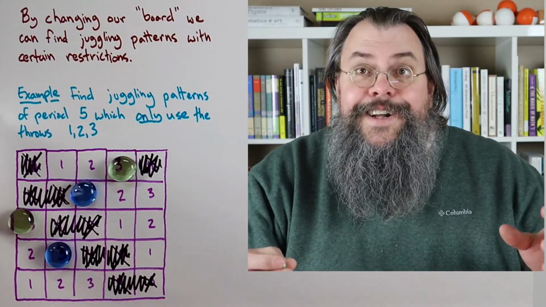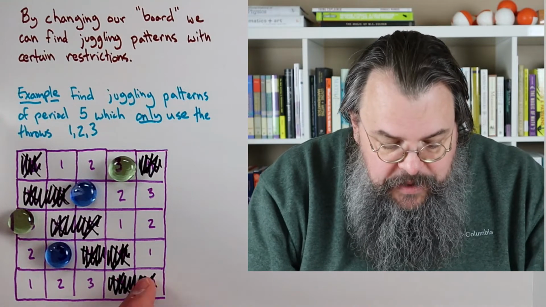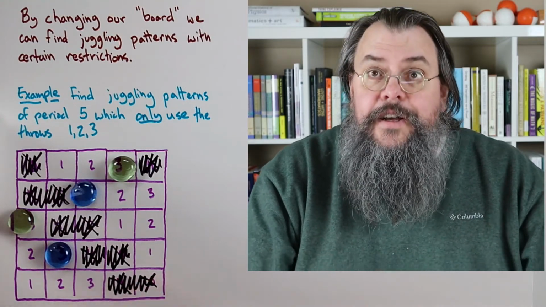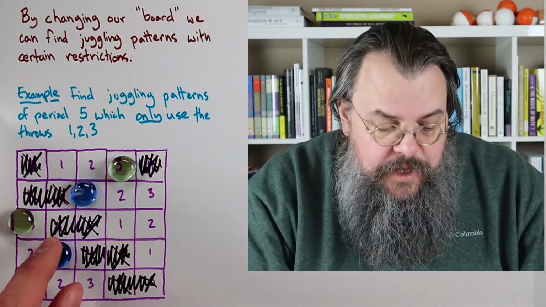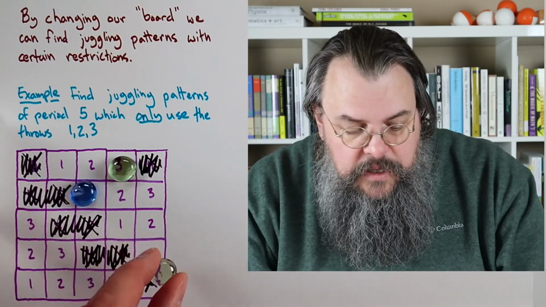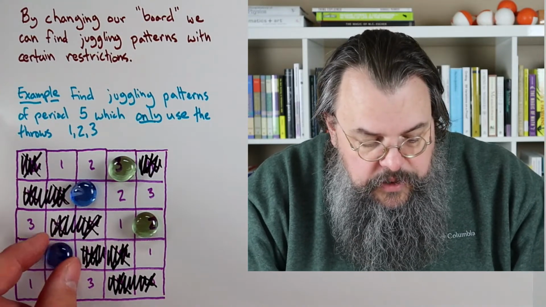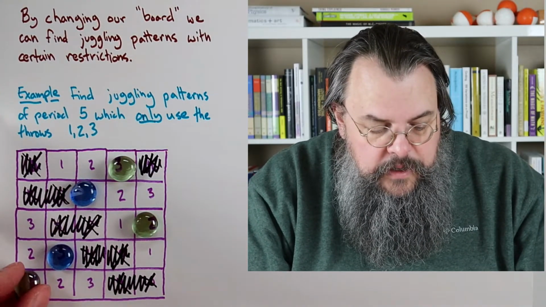Well, can't do it, right? Where's the space? It has to go right there. That's crossed out. Okay, so we can't start there. Well, all right, so maybe we don't do that. We can put a 2 there. We could put a 3 there and a 1 there.